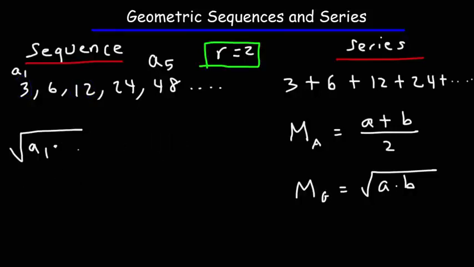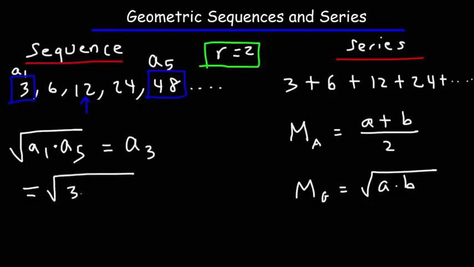Now let's find the geometric mean between the first term and the fifth term. So we should get 12 as the answer. So the average of 1 and 5, 1 plus 5 is 6, divided by 2 is 3. So we should get A sub 3. The first term is 3, the last term, or the fifth term, is 48. Now, what's 3 times 48?